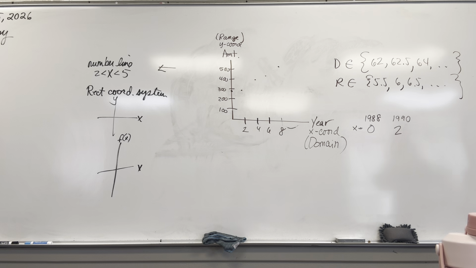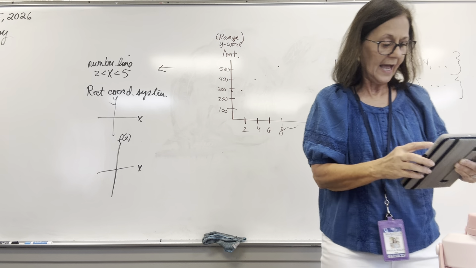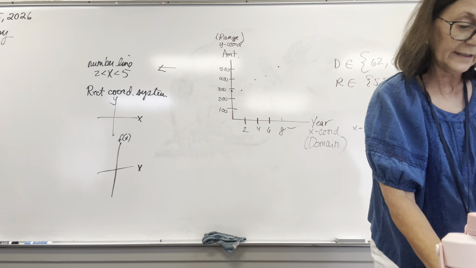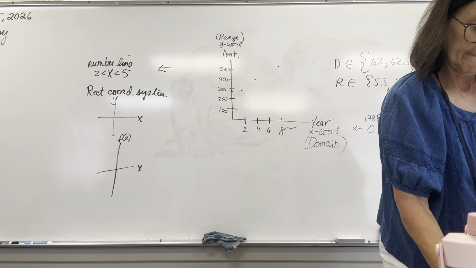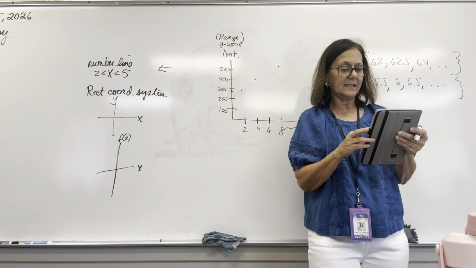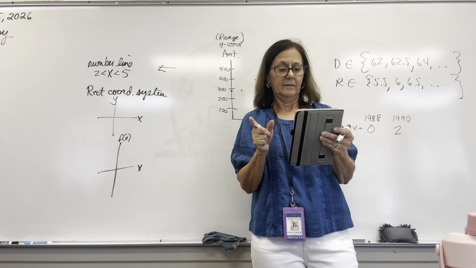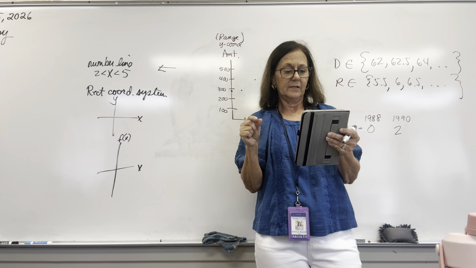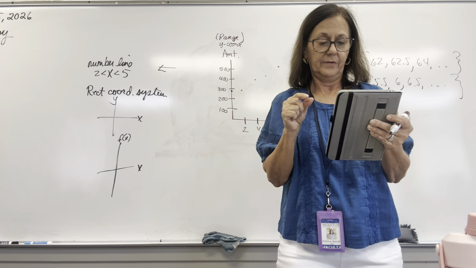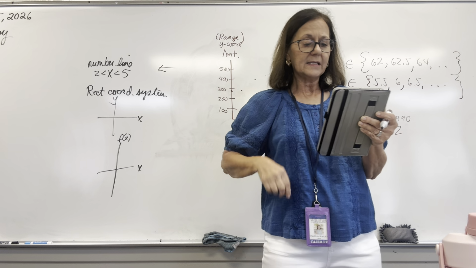All right. Let's keep moving. Look at example 3. Example 3 says to give the relation between those numbers and state its domain and range, and create a scatter plot.